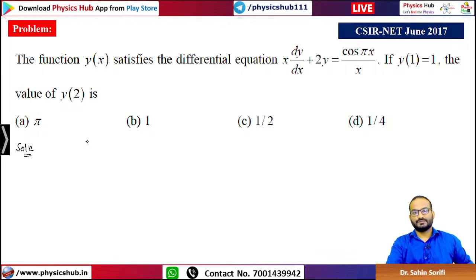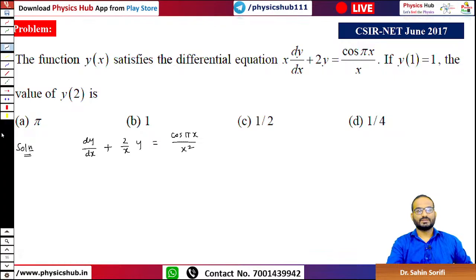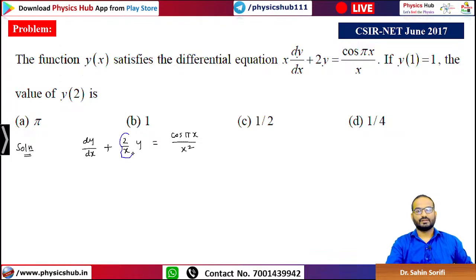Let's reframe this given differential equation as dy dx plus py. So you can see this is 2 by x times y equals cos pi x by x square. Obviously from here you can say this is your p, this is your q.